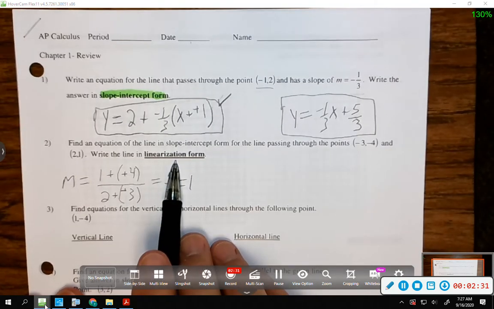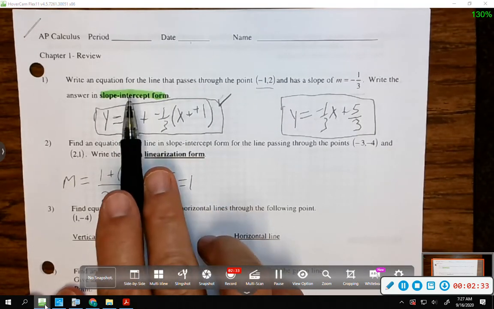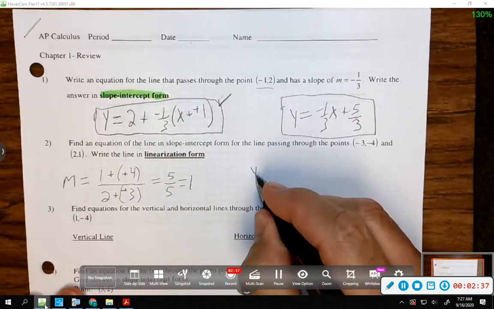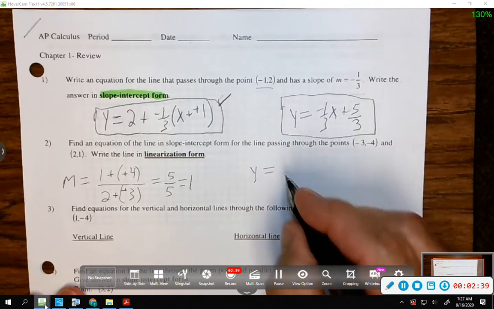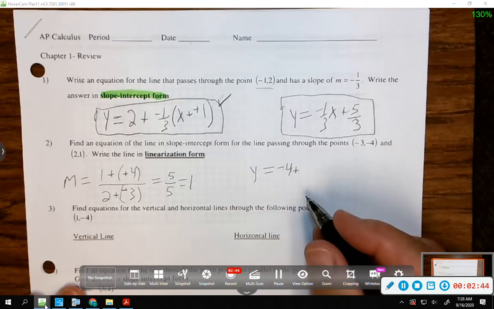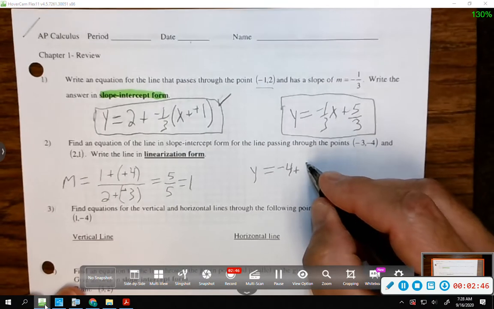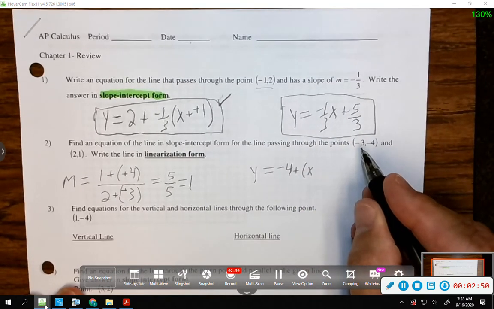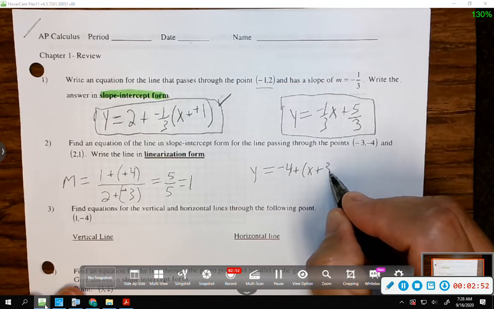But I ask you to leave it in linearization form. We do not need to convert it to slope-intercept. So y is going to equal the y coordinate, negative 4, plus the slope, which is just 1, so we really don't even have to write that down, times x minus the x coordinate. x minus negative 3 becomes x plus 3.